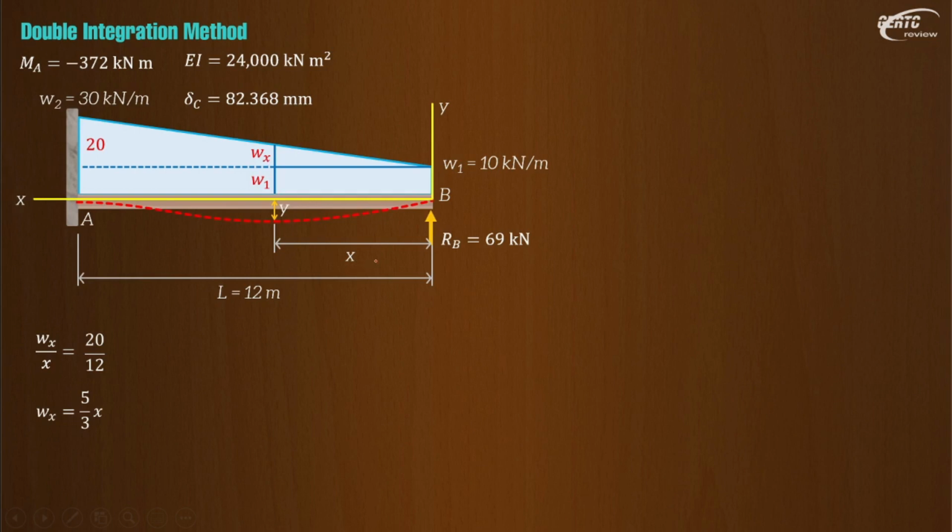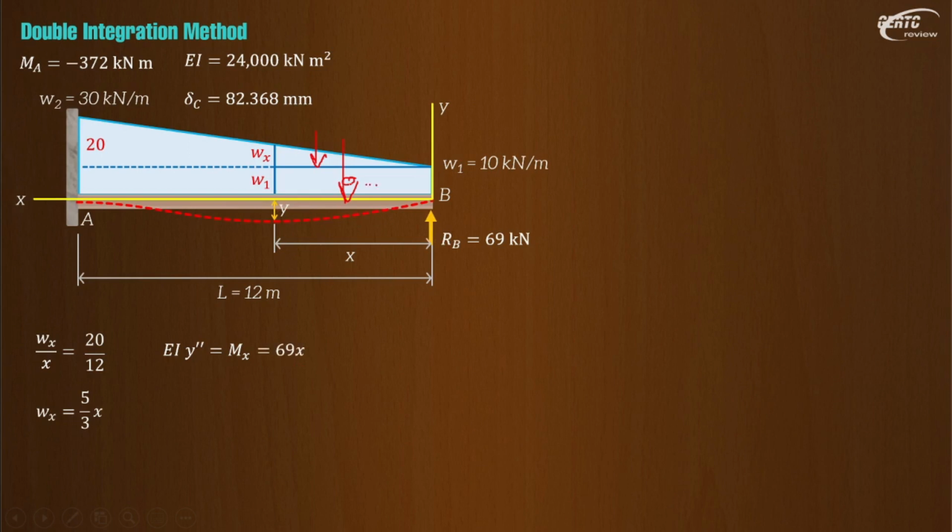Then here is the highlight, our moment equation. We know the double integration equation is EI y double prime equals the moment. And by the way, our EI is constant all throughout. So EI y double prime equals Mx. And what's the moment here? To the left, it will be caused by three loads: the RB, this uniform load here, and this triangular load here. For the RB, that is a positive moment, RB times x, 69 times x.